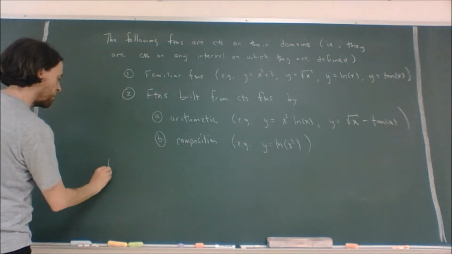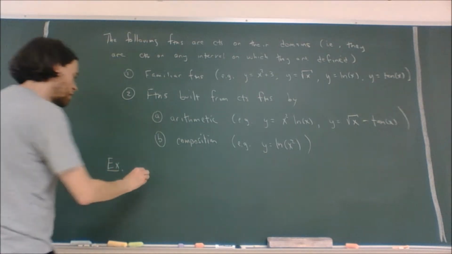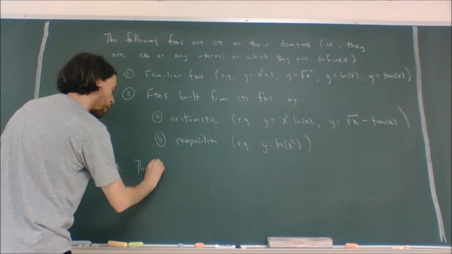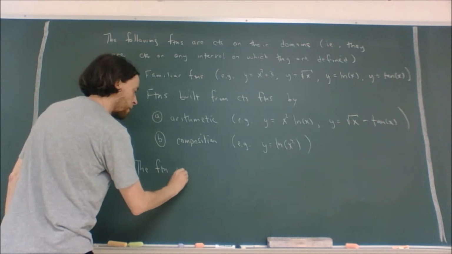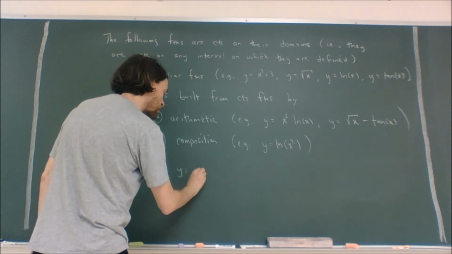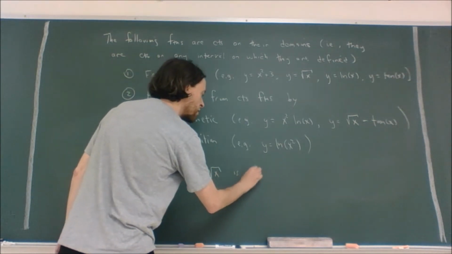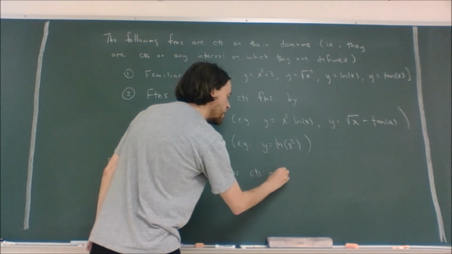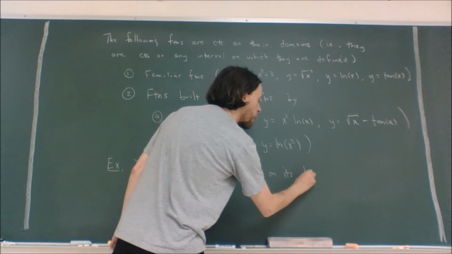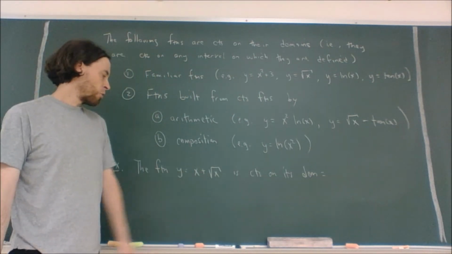So for example, we can say something like this. The function y equals x plus square root x is continuous on its domain, which is, well, what are the x values we're allowed to plug in here?